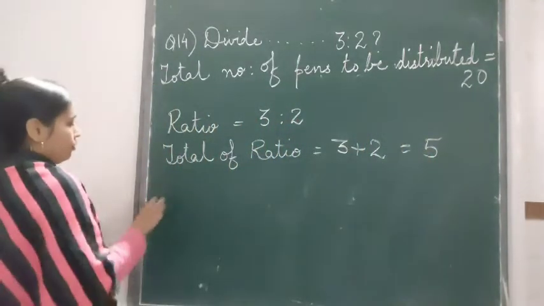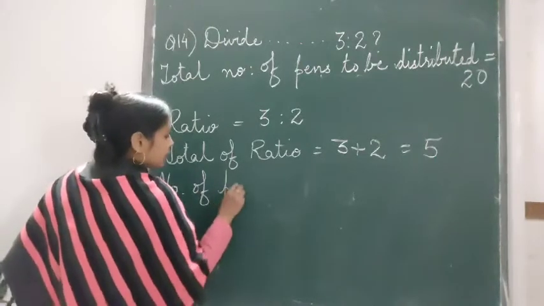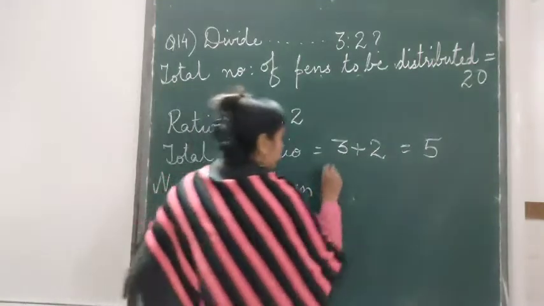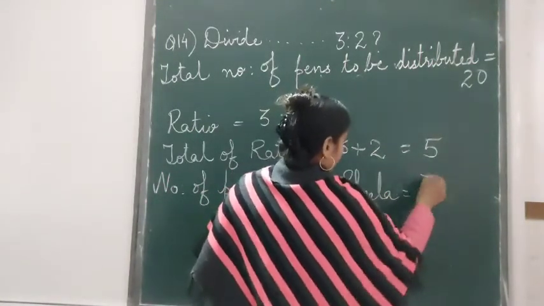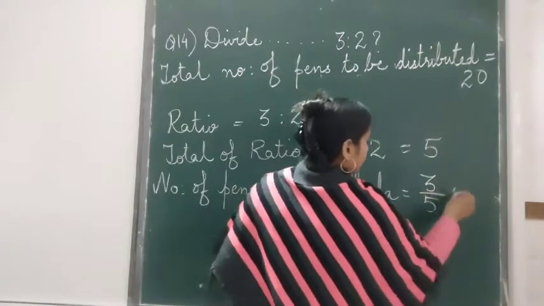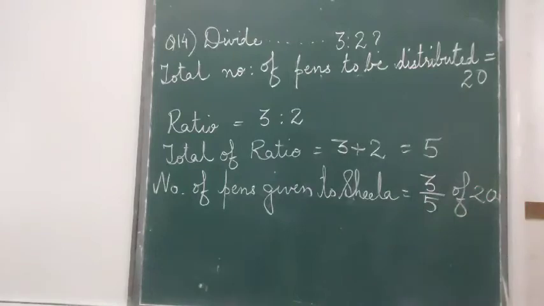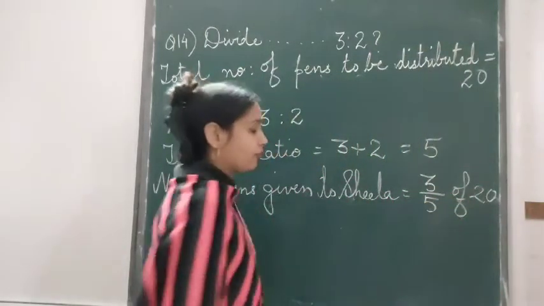Yes, now we have to find out number of pens given to Sheila. That is 3 by 5 of 20. So now we solve 3 by 5 of 20.